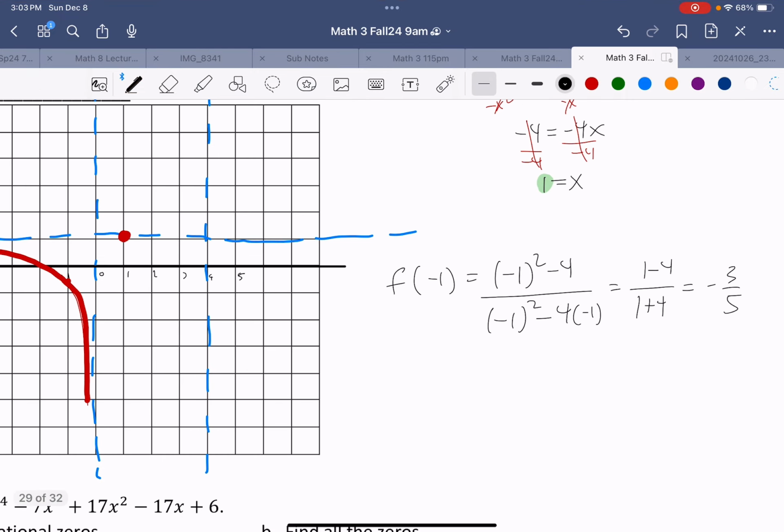Again, I can also plug in 5. F of 5 equals 5 squared minus 4 over 5 squared minus 4 times 5.